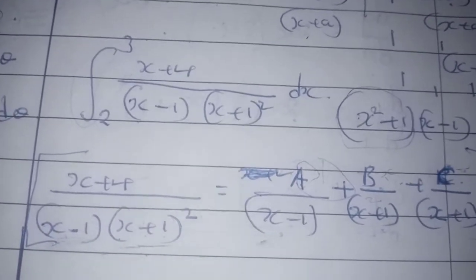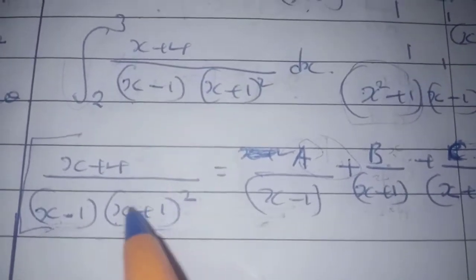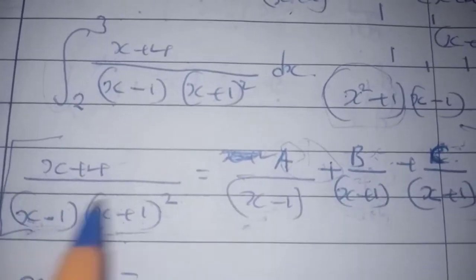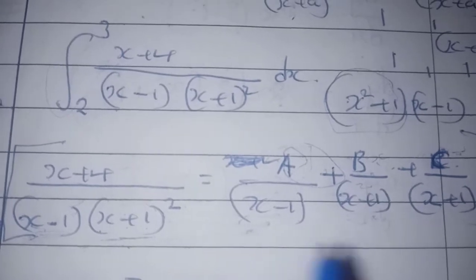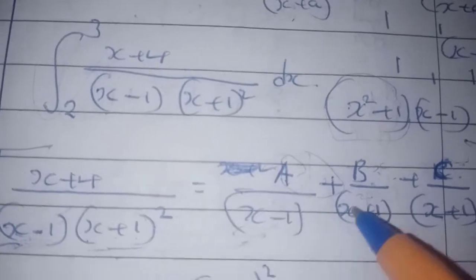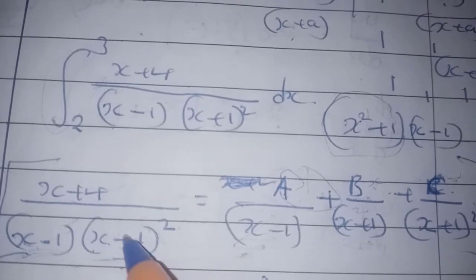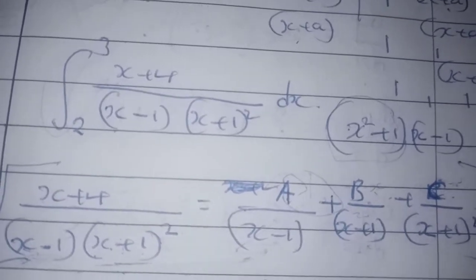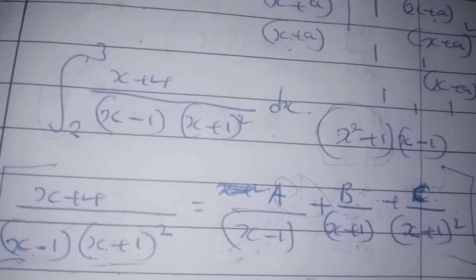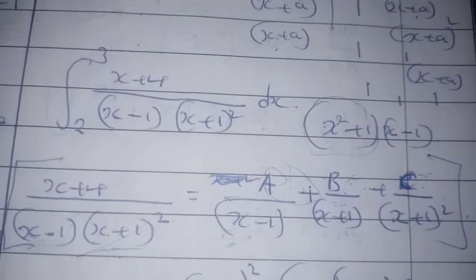When you multiply both sides by this denominator, this side will cancel out and it will just remain x plus 4, which gives us, when you multiply here, this and this cancel out and we remain with a into x plus 1 squared, then plus, when you multiply with b, x plus 1 cancels out and it will be x minus 1 times x plus 1, not squared. Then we multiply this one by b. Then finally, this one will cancel out when we multiply by c, and just remain c into x minus 1.